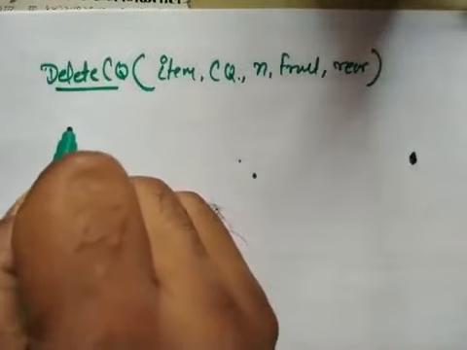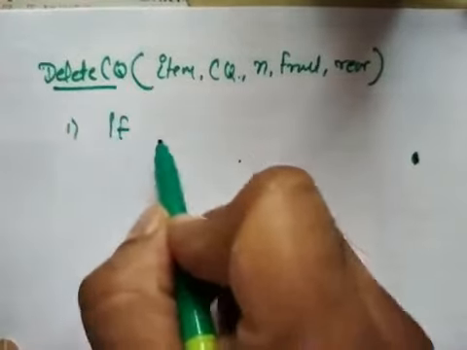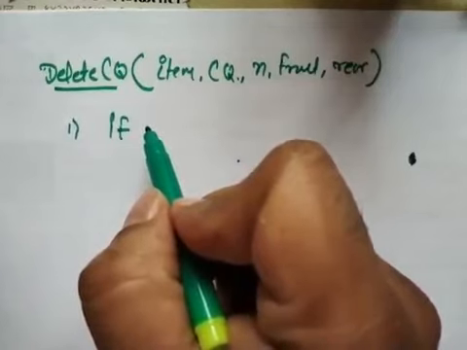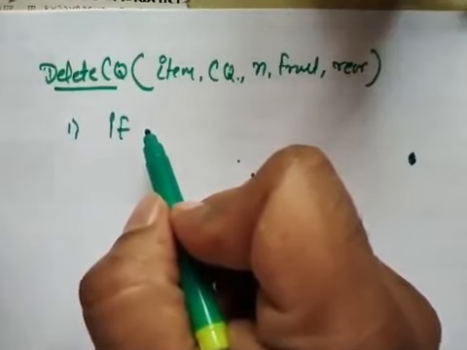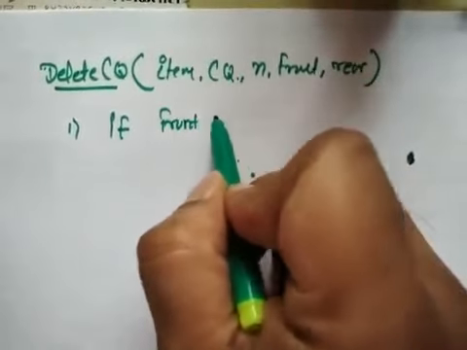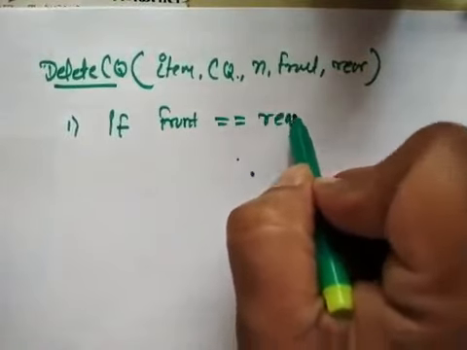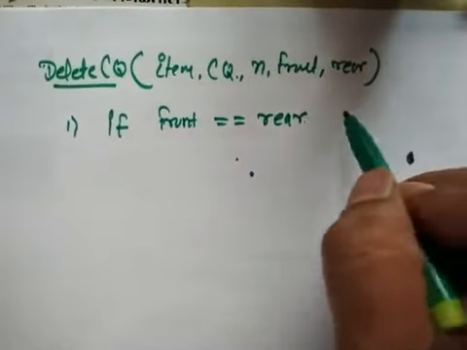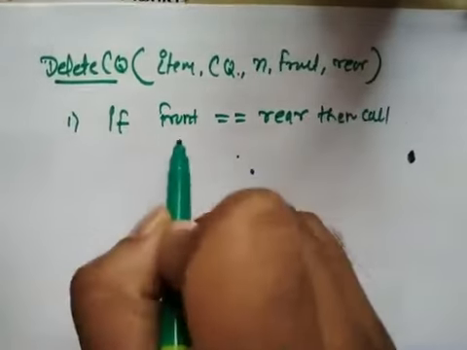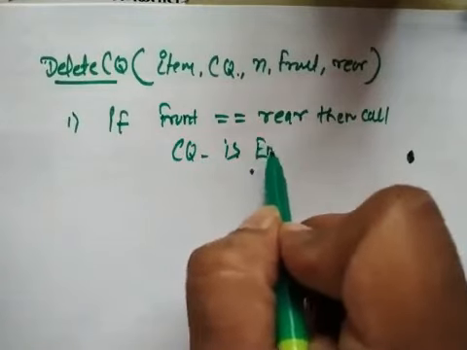Now the first step is what? We are going to check if the queue is empty or not. Before deleting an element, we check whether the queue is empty. So if front is equal to rear, our front and rear both are pointing to the same position, then the circular queue is empty.